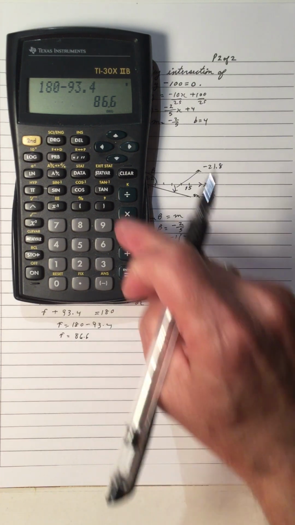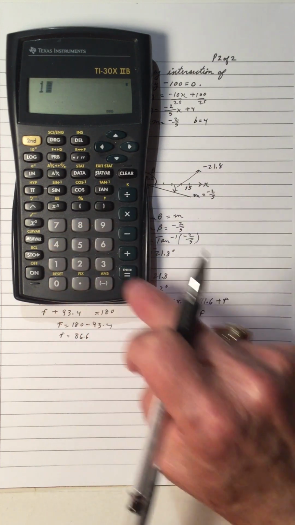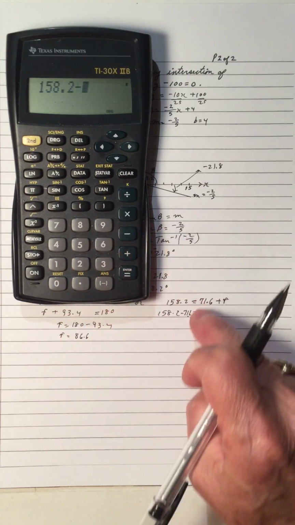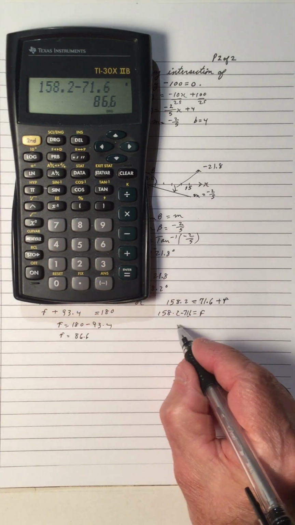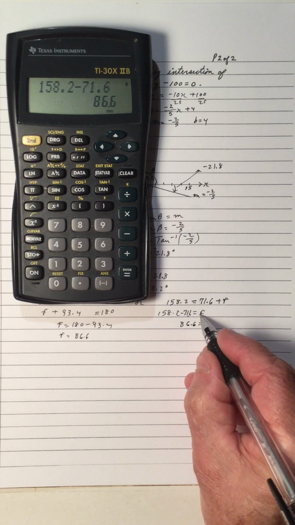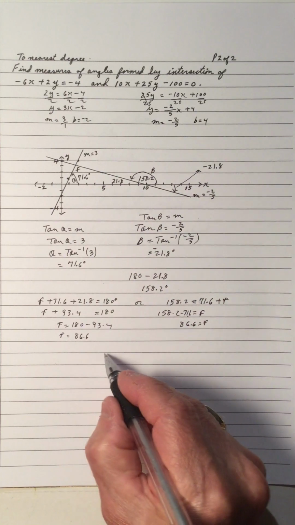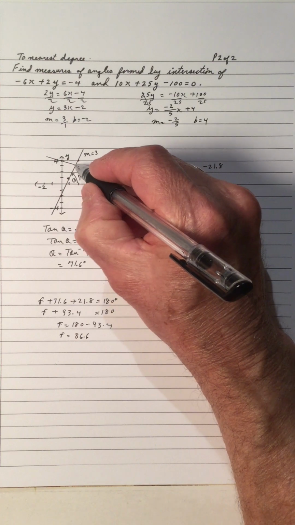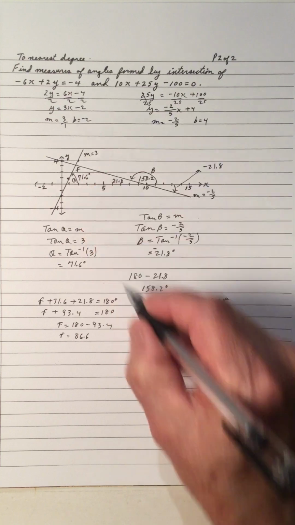Or if I take 158.2 subtract 71.6, I get the same answer. So it's your choice which way you want to go. So this angle right here, angle F, is 86.6. So the angles formed by the intersecting lines: one angle is 86.6 and the other angle is its supplement.